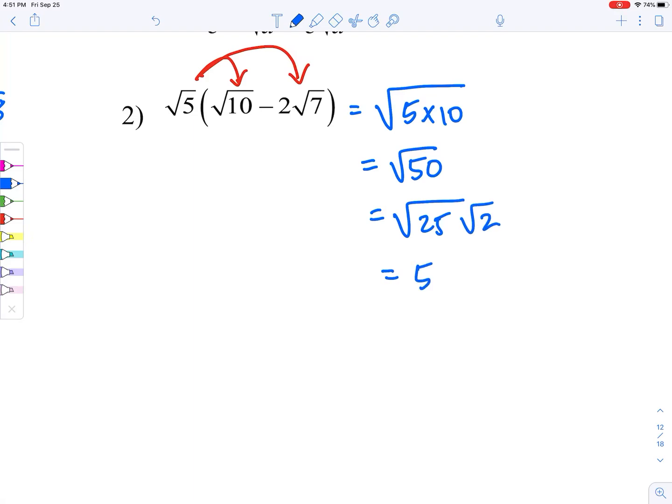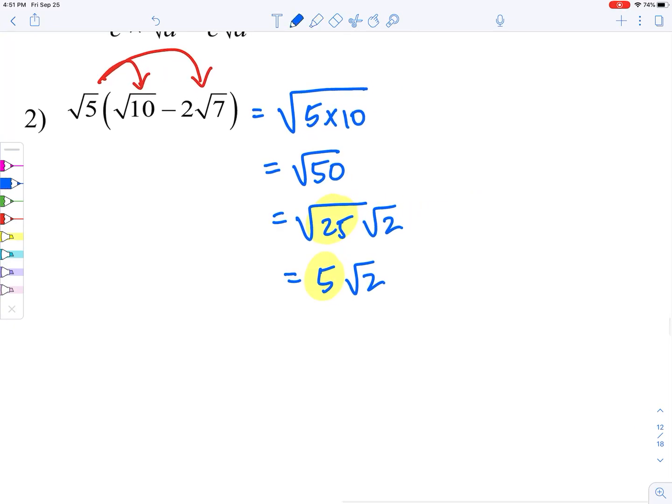And I can simplify that to 5 root 2, because 25 was a nice perfect square. Minus 2 stays out front. Inside, I get 5 times 7, which is minus 2 root 35.